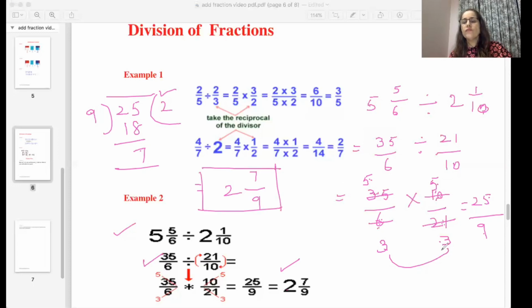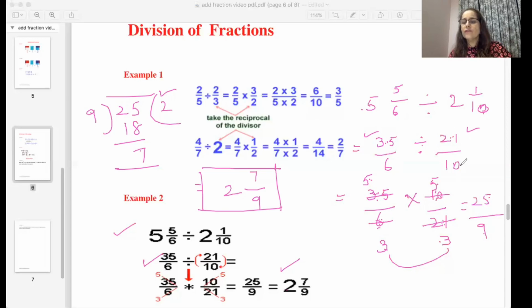So how have we done it? We will just recall it. First we will convert the mixed fraction into an improper fraction. Now the next step is we will write the first fraction as it is here. Now, in place of the division sign, we are giving the multiplication sign. And now the second fraction will be reciprocal.